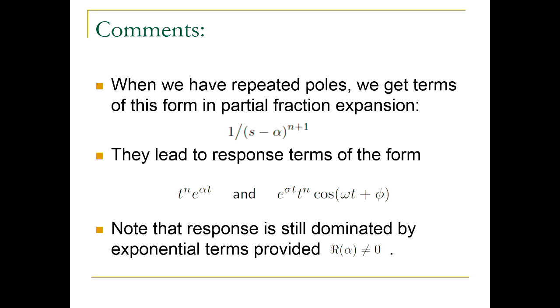When alpha is sigma plus j omega, then you get this sort of terms when you take the inverse Laplace transform. I already mentioned that the response is still dominated by exponential terms, because exponentials grow or decay faster than polynomials. So even when you multiply with polynomials, like t to the power n times an exponential, the exponential would eventually dominate the behavior. So we really just need to look at the exponential to understand whether the response will decay or go up.